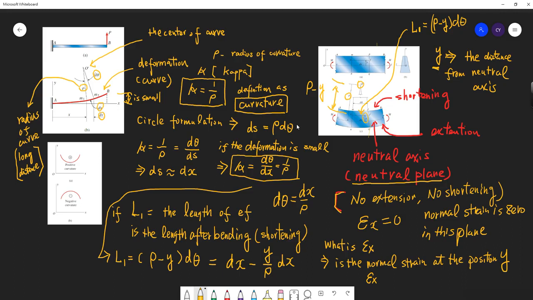So this is the original length, and this is after deformation, minus dx, because this is the original.